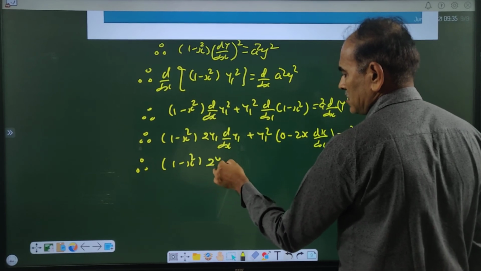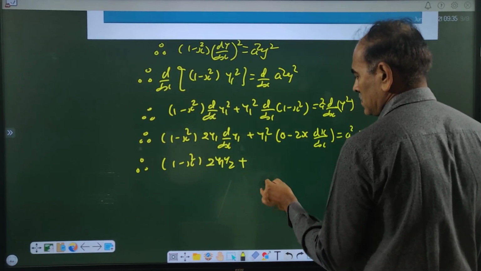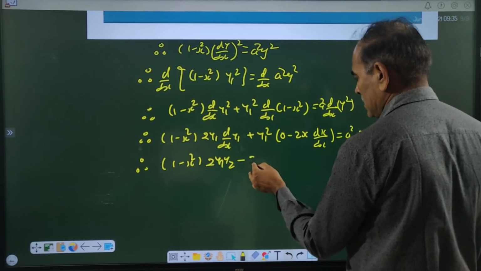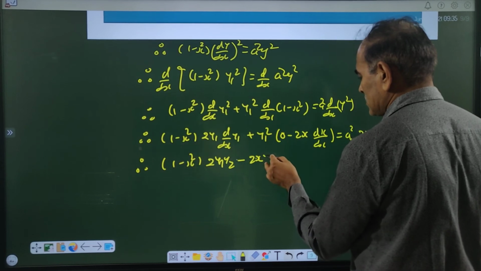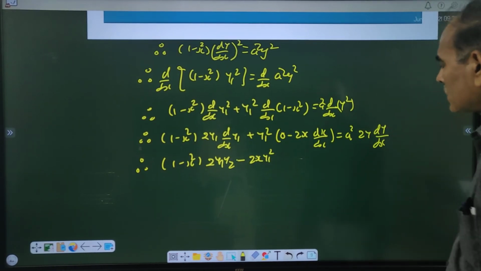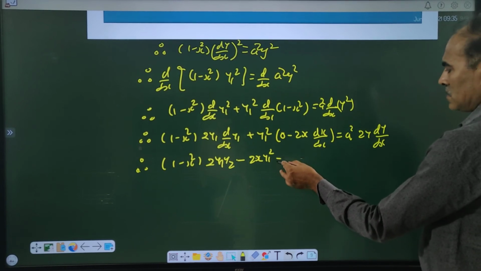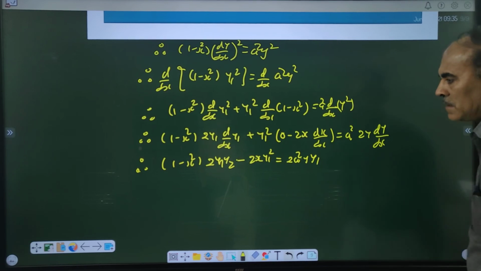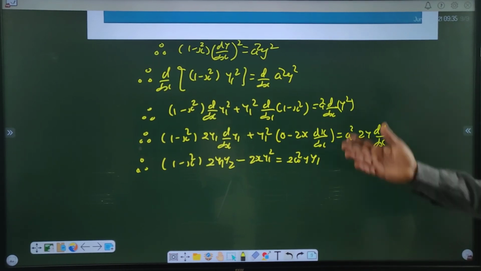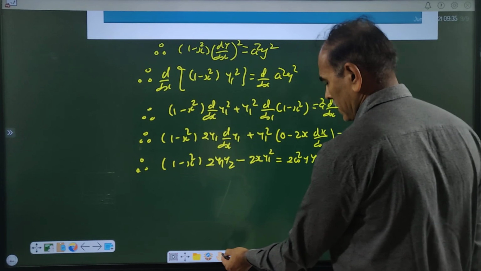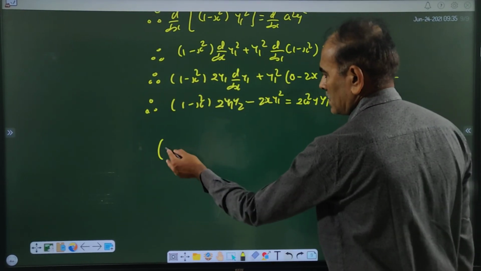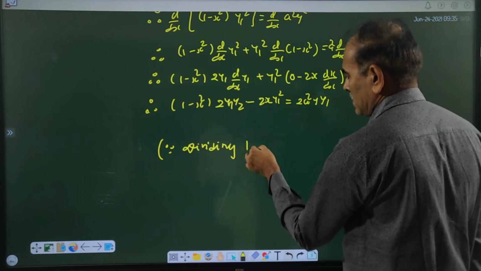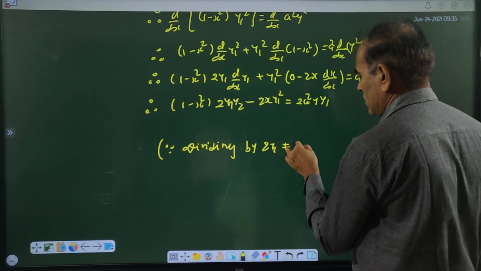1 minus x square into 2 y1 y2. Here what do we get? Minus 2x y1 square. That is equal to 2a square y y1. Now divide by 2 y1, y1 not equal to 0.